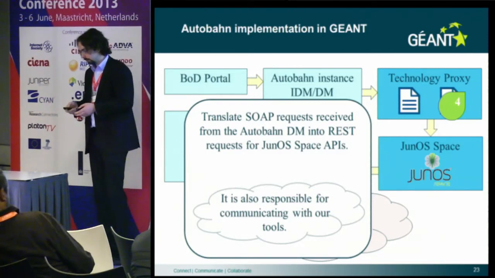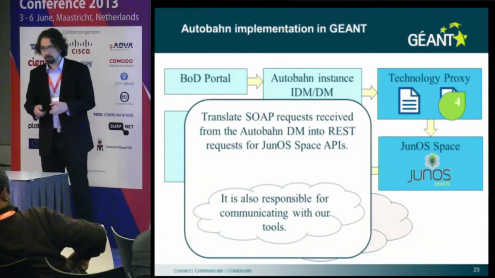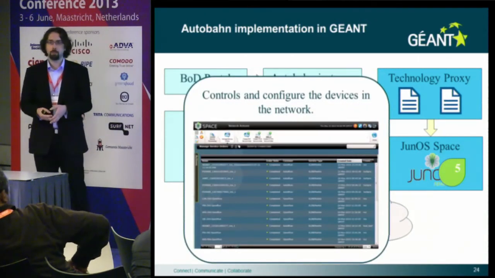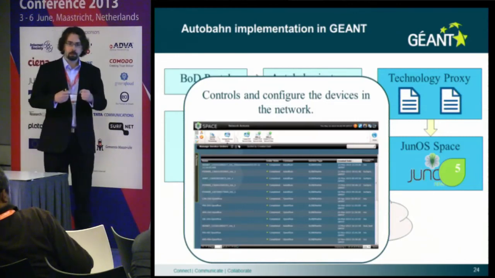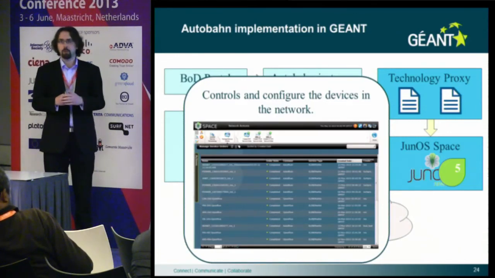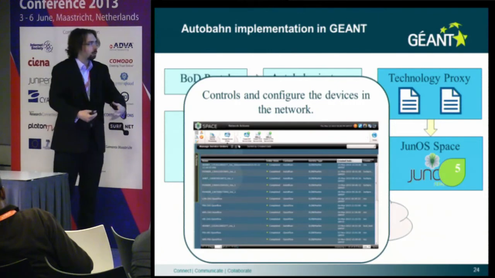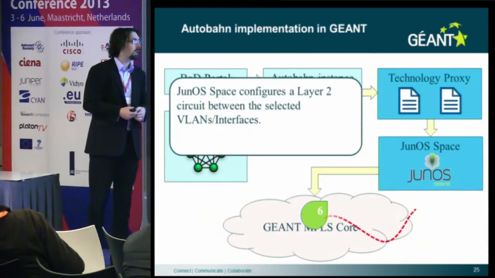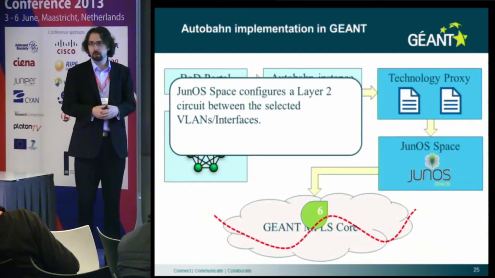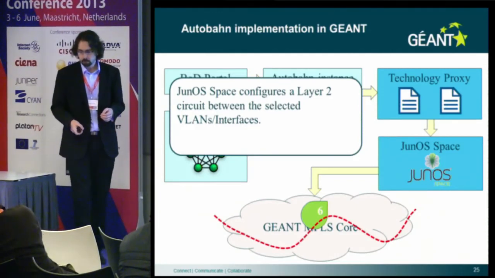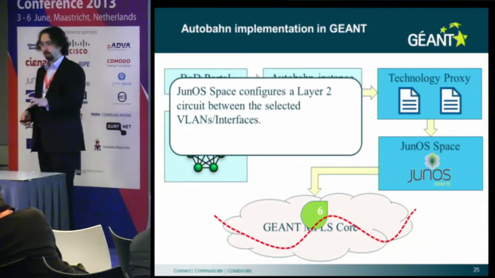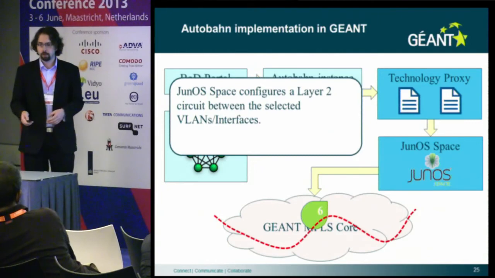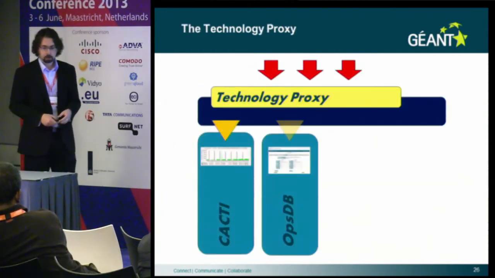When the request is translated into something that Genospace can understand, it's pushed through the Network Activate API and then translated again by Genospace to be pushed onto the network and finally configured, giving access to a layer 2 circuit on the Gent backbone. So let me talk a bit more about the technology proxy and what is actually at the back of that, because it's actually pretty cool, I think.